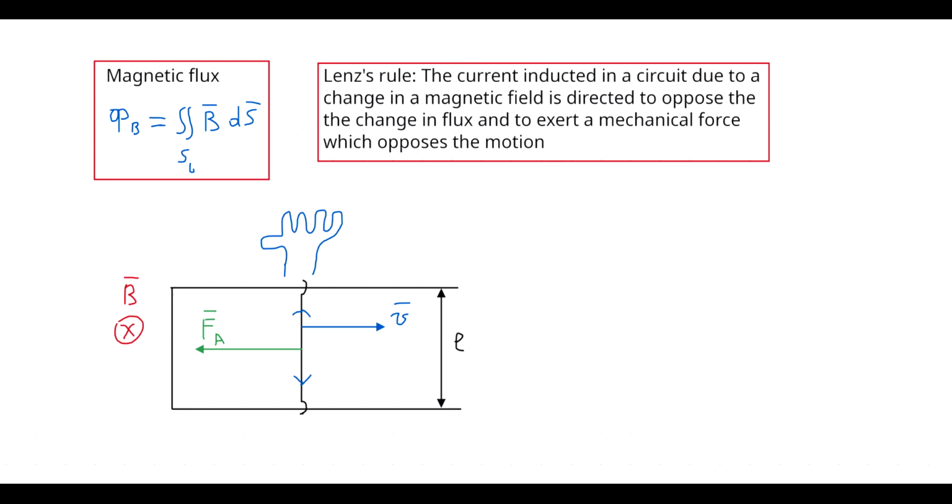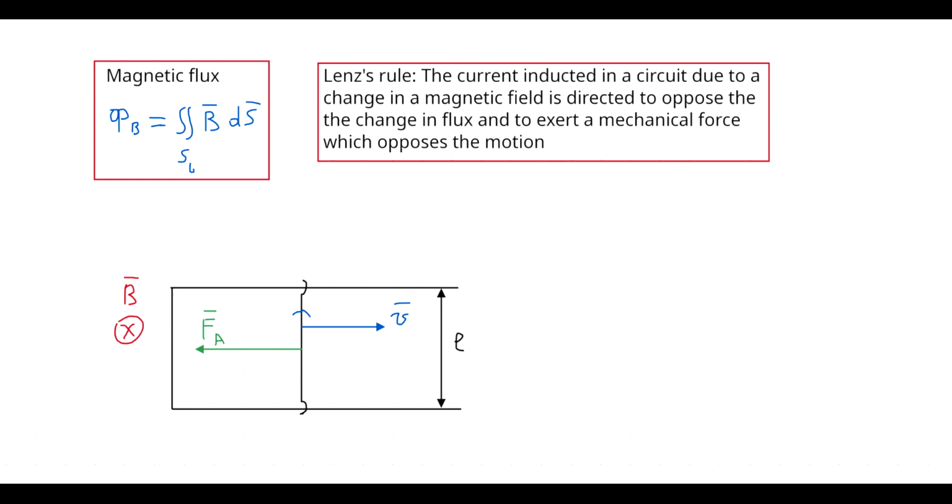Vector FA has the same direction as the thumb, and the other fingers will show us the direction of inductive current. So the direction of inductive current will be this.